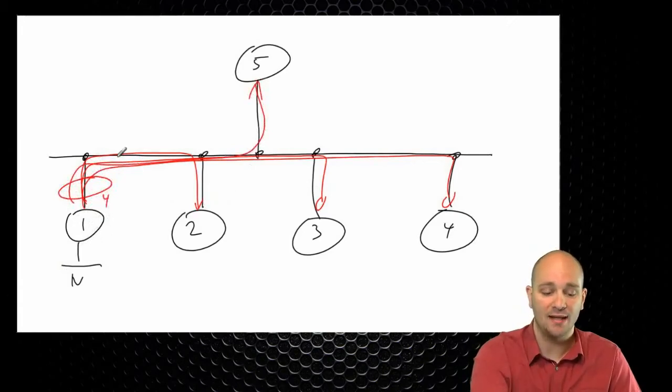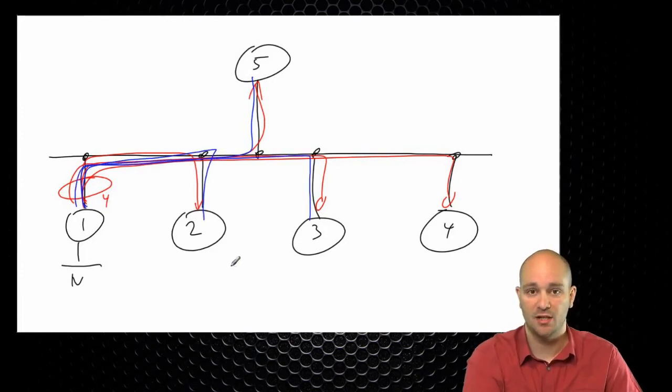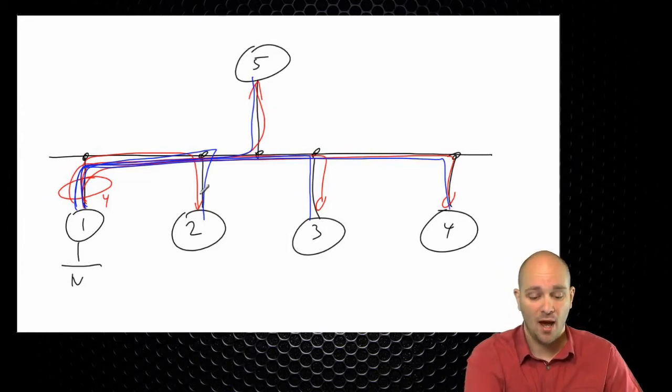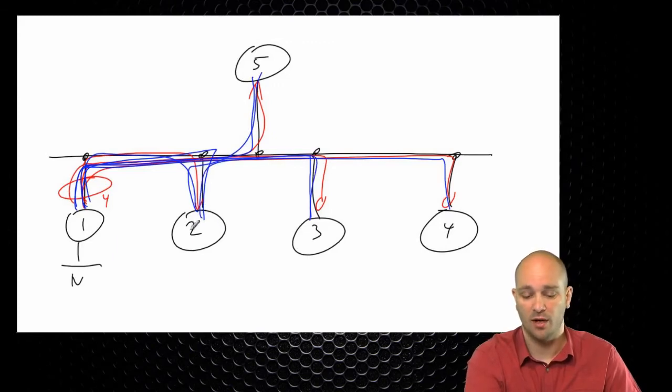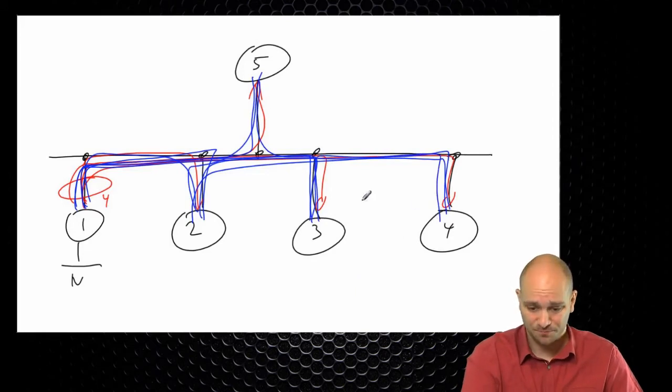But not only that, we need to maintain the adjacency with R5, with R2, with R3, and with R4. R2 needs to maintain adjacency with R1, with R5, with R3, and R4. R3 needs to maintain adjacency with R5 and R4 on top of that, and R4 and R5 have the adjacency.